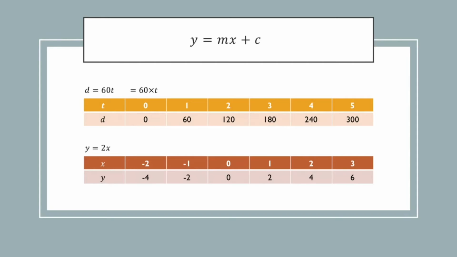Now, I'll show you here what the gradient does. So this is a table already completed. See how it says 60t? That means every step it goes up by 60. If the number attached to the x is 2, that means every step it's going up by plus 2.